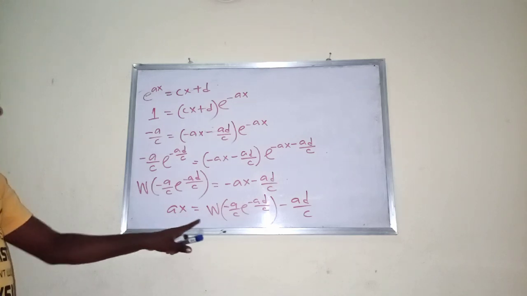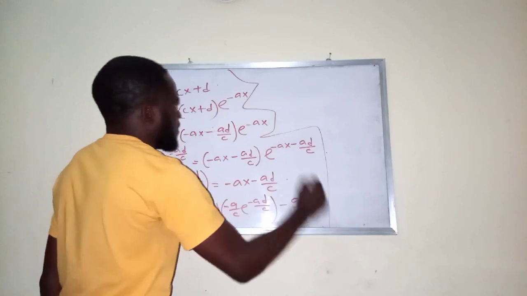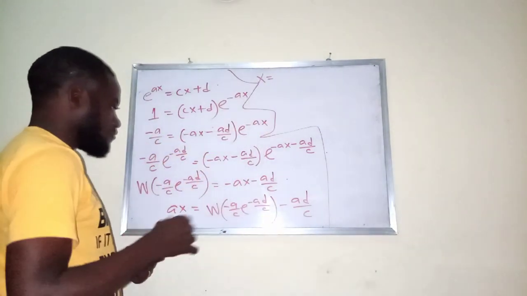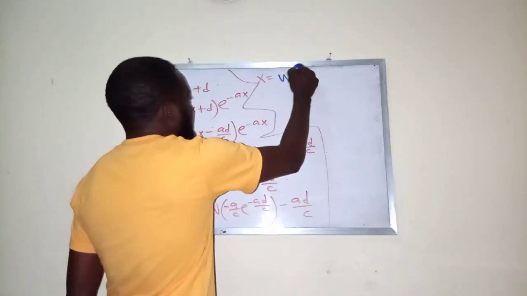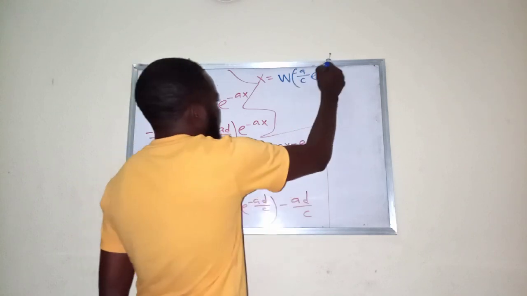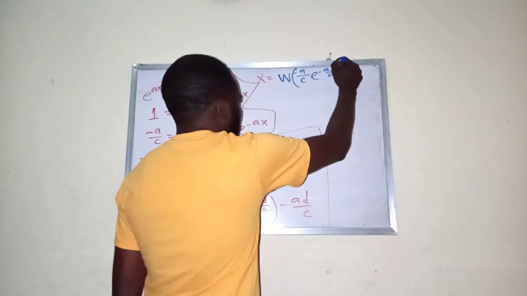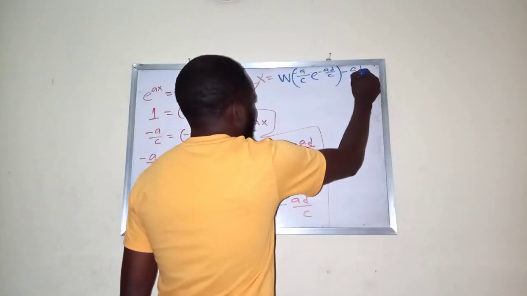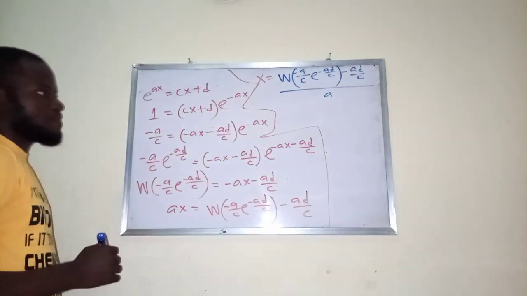So if I divide both sides by a, I will then have that x is equal to the W function of negative a over c e to the power of negative ad over c, minus ad over c, all divided by a.